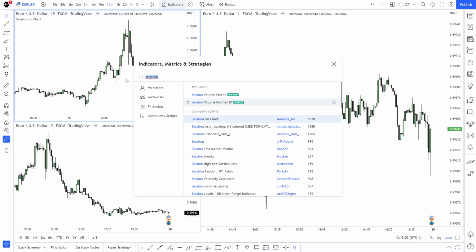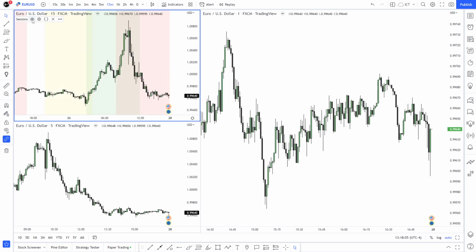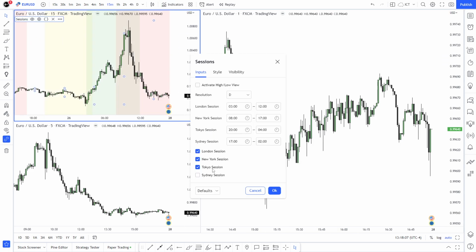The most downloaded one is usually going to be the one, but I modify it with just London and New York. And New York is 7 to 10. Yeah, 7 to 10. And then London 2 to 5, right? Which are the kill zones, not the actual sessions per se, but the kill zones of them.